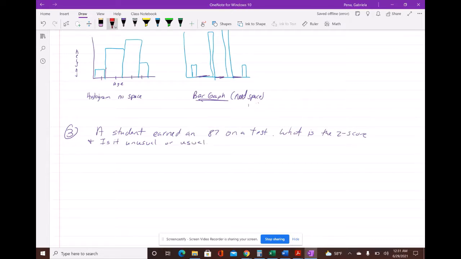So if we don't remember the formula for z-score, it is this one, x minus mu over the standard deviation. So x is your data. This is your population mean.